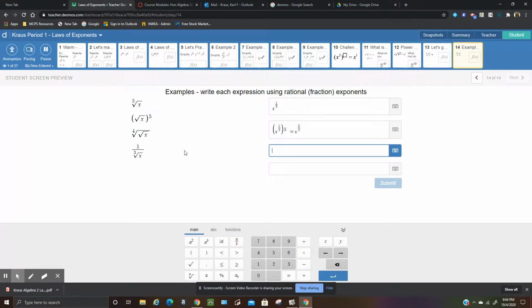And then here is x to the 1/2, the square root of x.